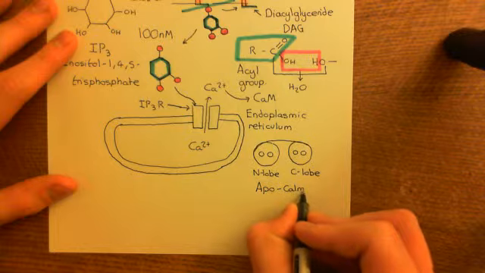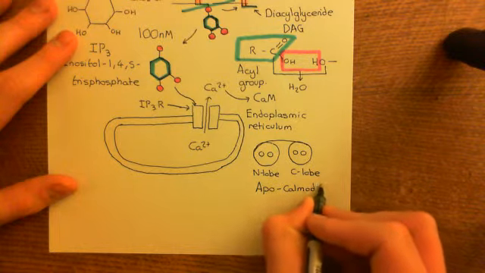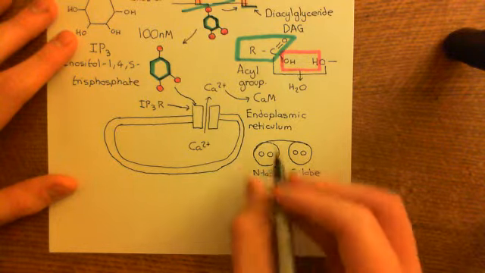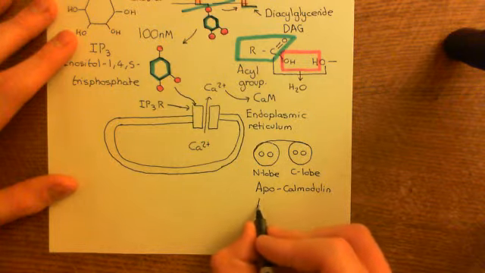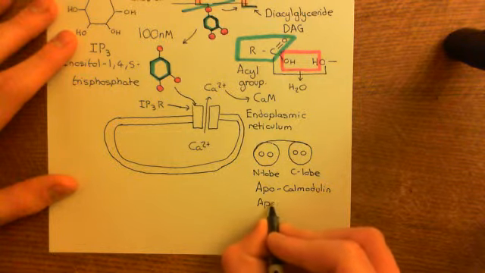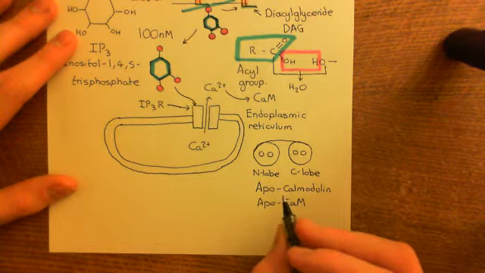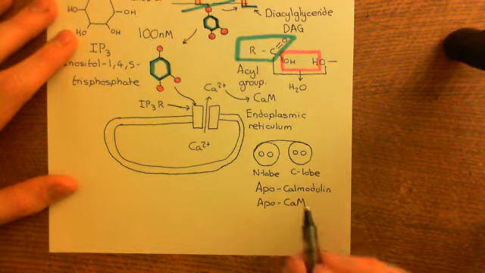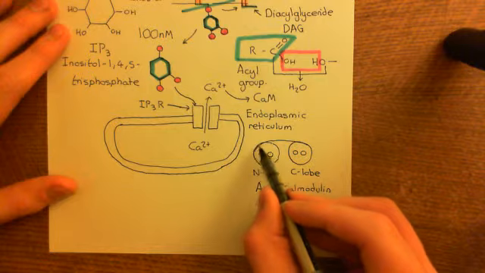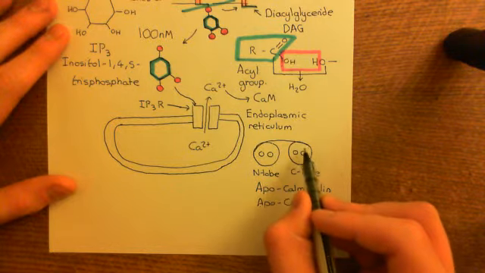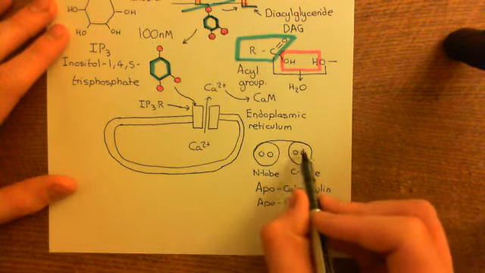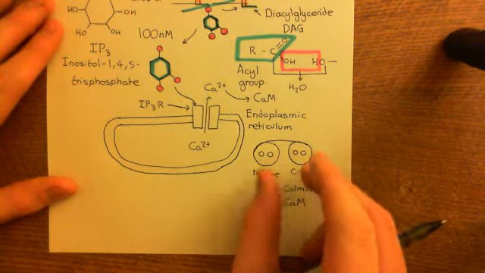The shorthand for calmodulin is to write capital C, lowercase a, and then capital M, so apoCaM is the shorthand for apocalmodulin. You can see that you have this sort of hunched over structure where the 2 lobes are close to one another.